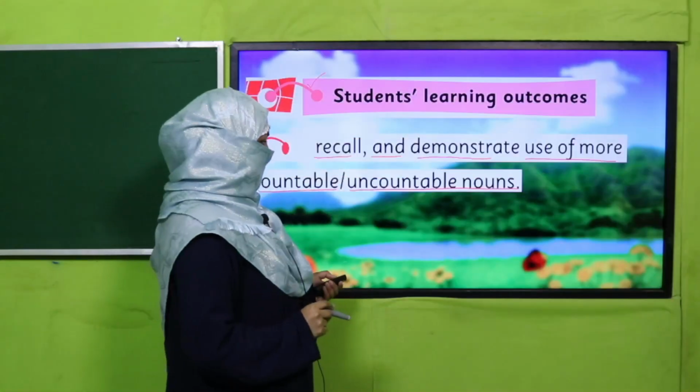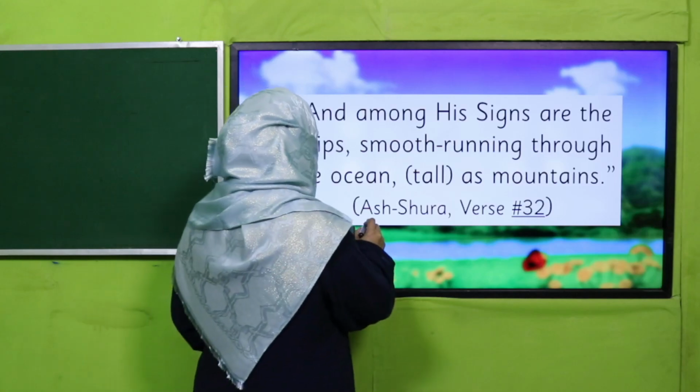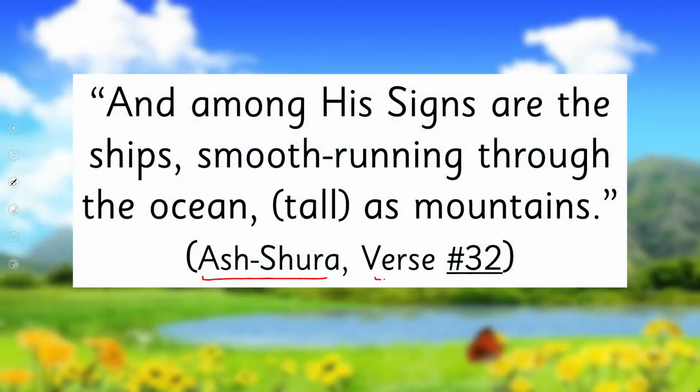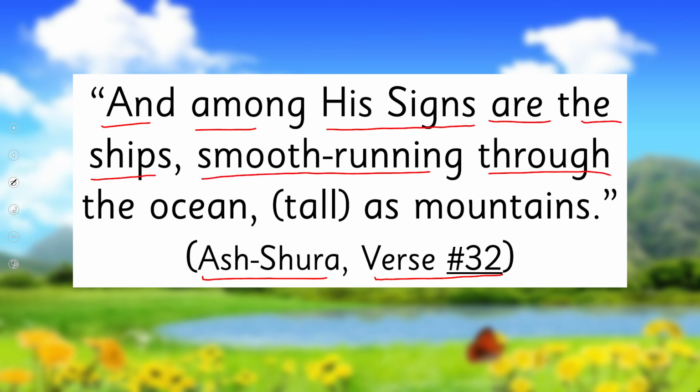Yes, my dear students, let's start with the name of Allah subhanahu wa ta'ala. Allah mentions in Surah Ash-Shura, verse 32, "And among his signs are the ships smooth running through the ocean, tall as mountains."